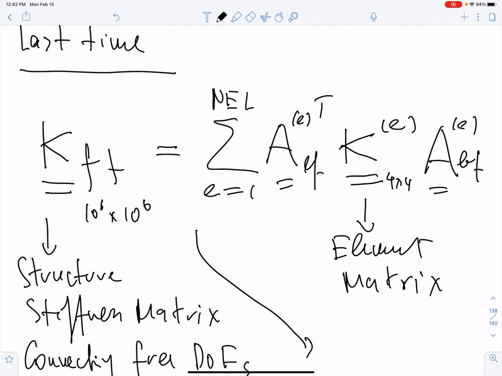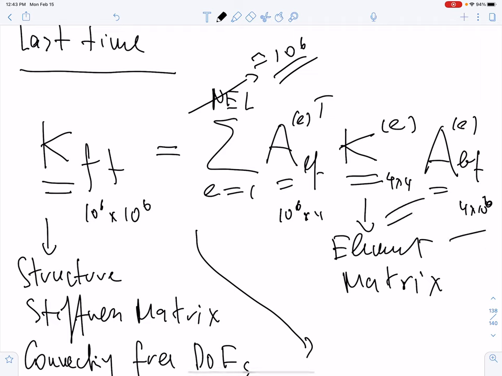And so in order to get something of the same dimension, in principle, each one of those A's would be 10 to the 6 by 4, and 4 by 10 to the 6. And the number of elements would also be of order 10 to the 6. So in order to construct the structural stiffness matrix, you have to add 1 million times a product of something of size 4 times 10 to the 6 by 4, by 4 by 4, and 4 by 4 times 10 to the 6.